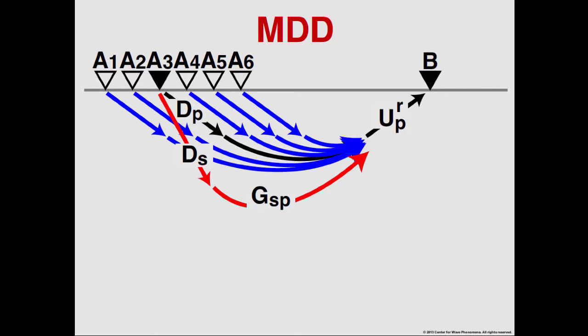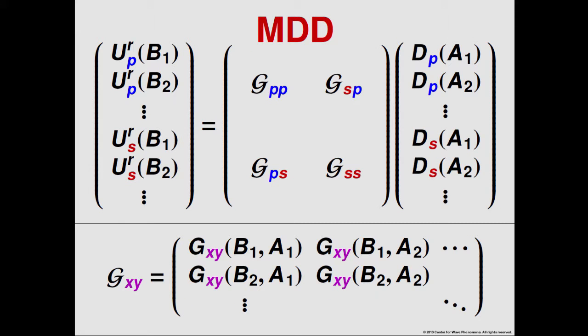In MDD, we do take into account downgoing S waves and all receivers. Instead of computing trace by trace deconvolution, we solve an inverse problem based on this matrix equation. The middle matrix is the Green's matrix, and GPP, GSP, GPS, GSS are our target.